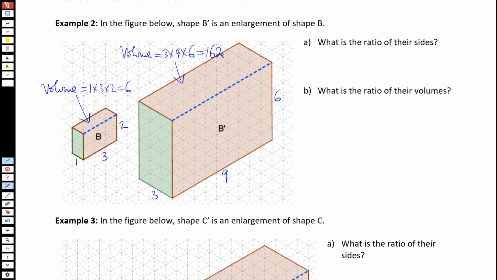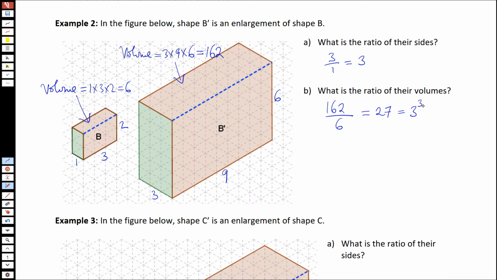So the ratio of the sides here will be equal to 3 over 1, and we just need to look at the corresponding sides here. So that will be 3 over 1, which is 3. And the ratio of the volumes will be 162 divided by 6, and that will be equal to 27. Now just remember that 27 is the same as 3 cubed.